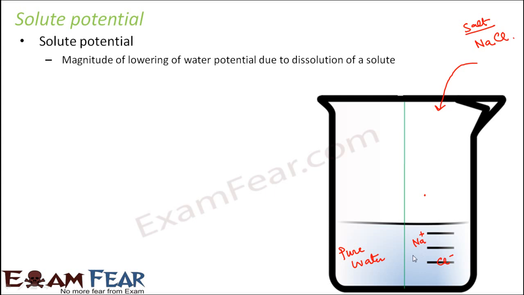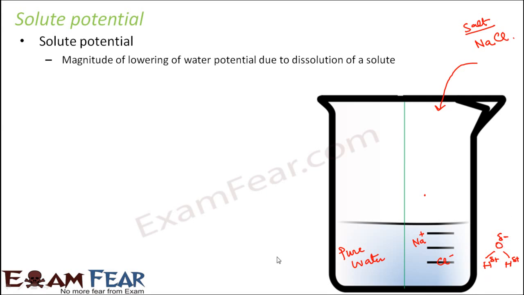What is already present here? Water, that is H2O. If you look at the structure of water, overall a molecule of water is neutral, but if you look closely, oxygen has a very slight negative charge and hydrogen has a slight positive charge.